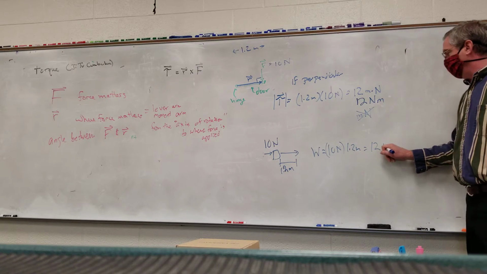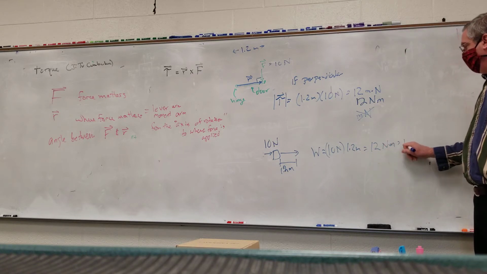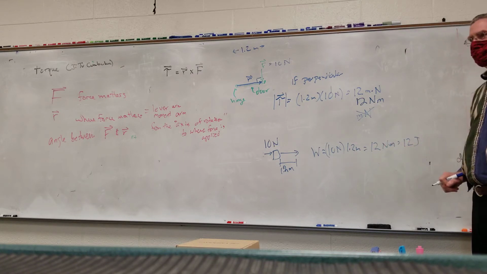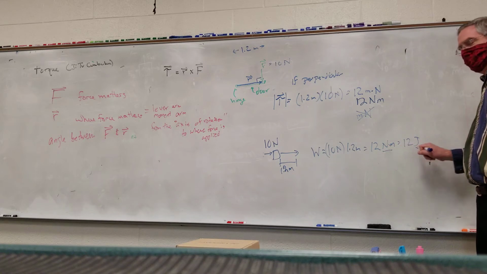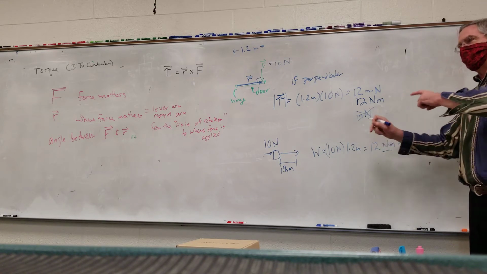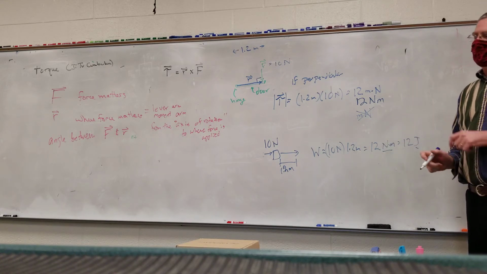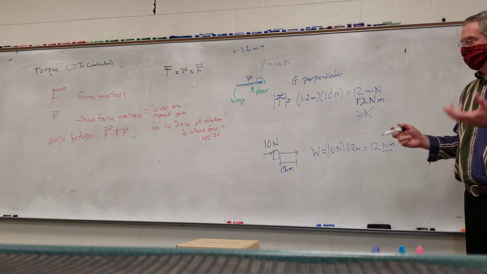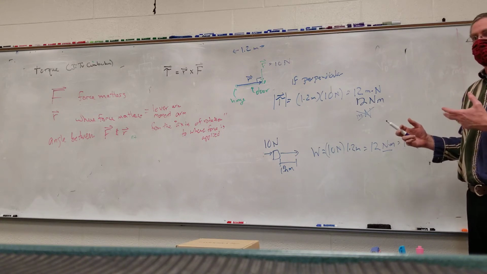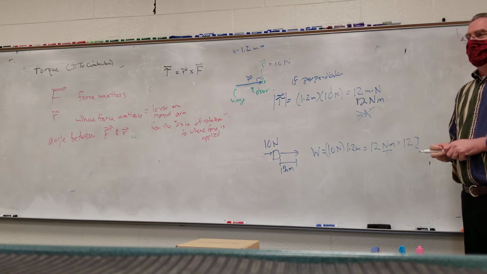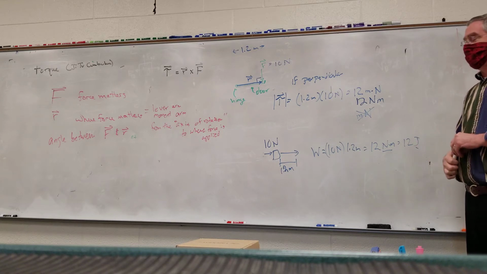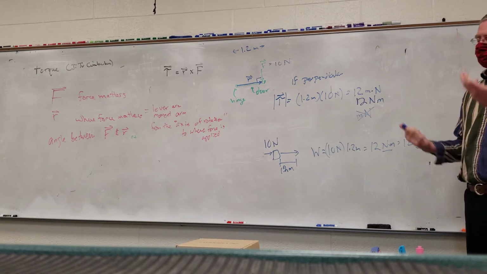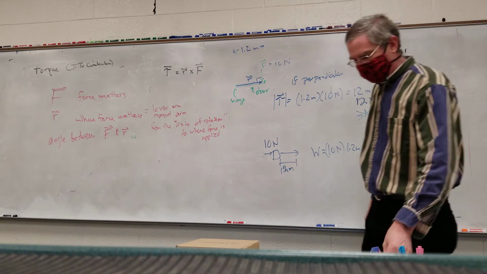And so that would be 12 Newton meters, or 12 joules. A Newton meter is a joule when talking about work or energy. A Newton meter is not a joule when talking about torque. It is unfortunate that they're both Newton meters, but it's what we have to live with.